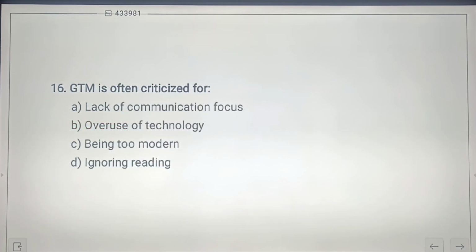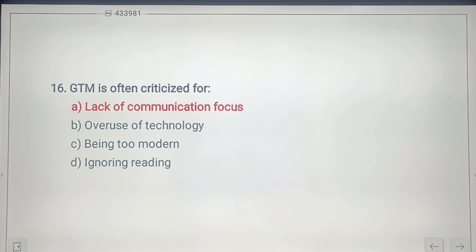Next, grammar translation method is often criticized for A. Lack of communication focus. B. Overuse of technology. C. Being too modern. D. Ignoring reading. The right answer is lack of communication focus.